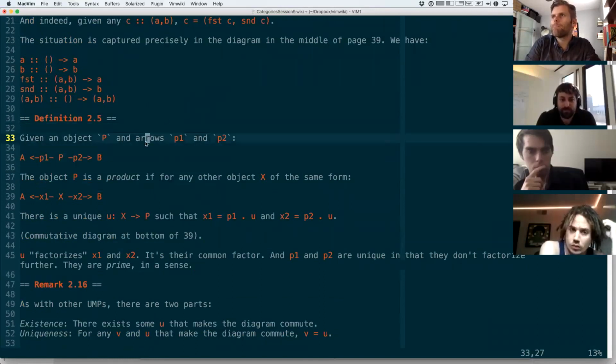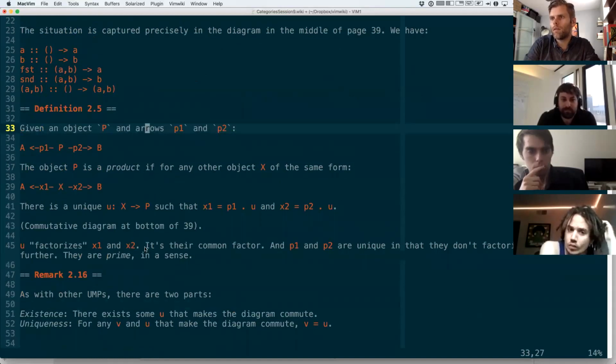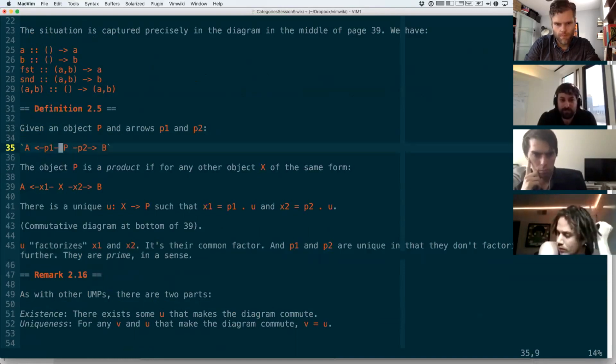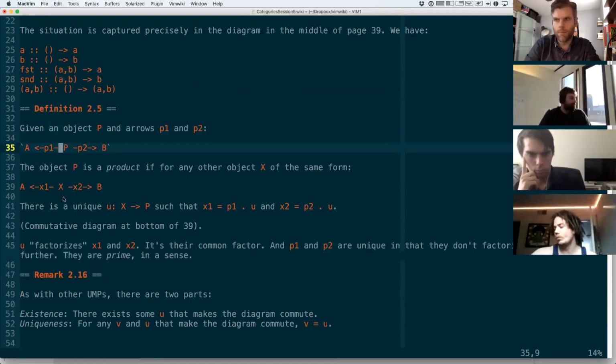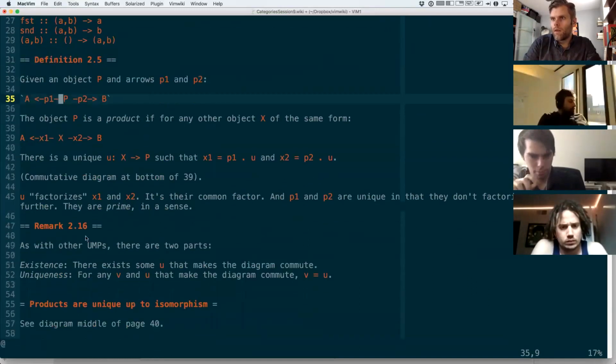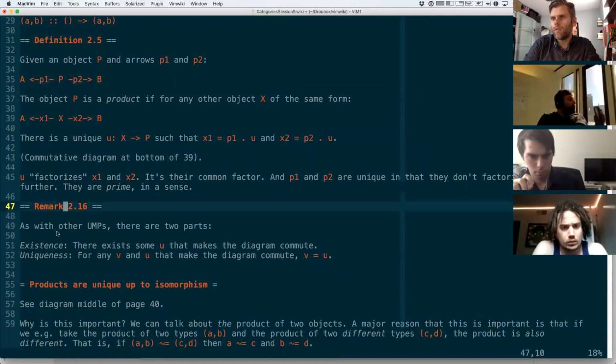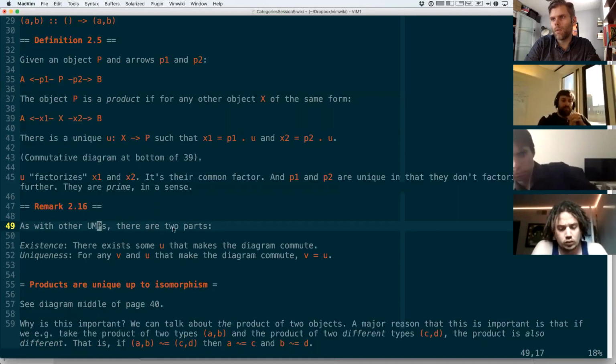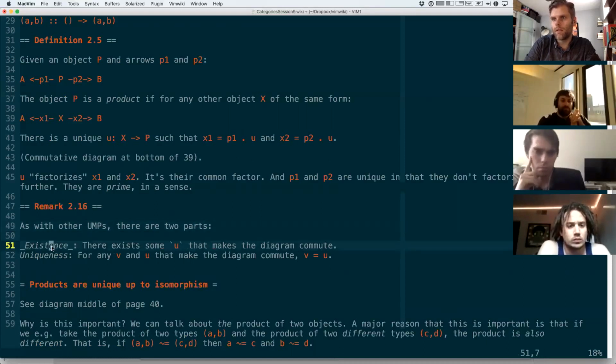Okay. So now we have our definition of a product, right? So it's any P, which is at the bottom of such a hierarchy. Okay, so he makes a remark that says, as with any other universal mapping properties, or we can just say universal properties, it has two parts. There is an existence part, and that existence part in this case says that there exists some mapping U that makes that diagram commute.